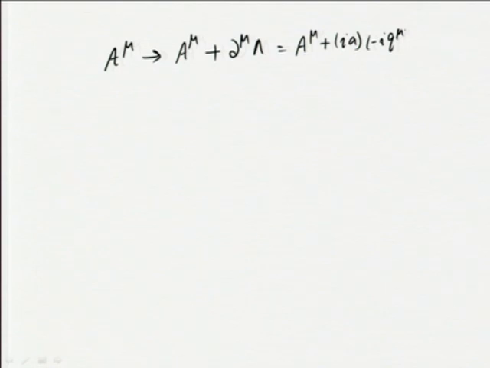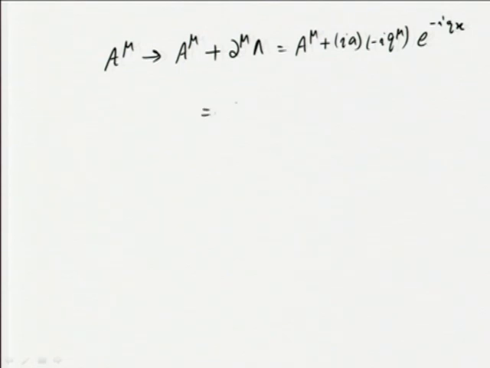So, now what does that tell you in terms of the change in epsilon corresponding to a transformation of A mu to A mu plus dou mu lambda? We had i A times minus i q mu exponential minus i q x.